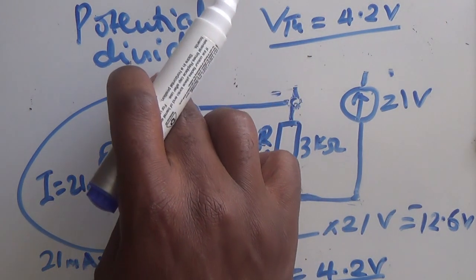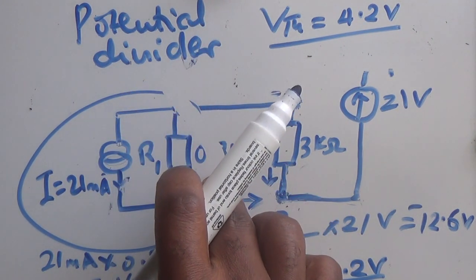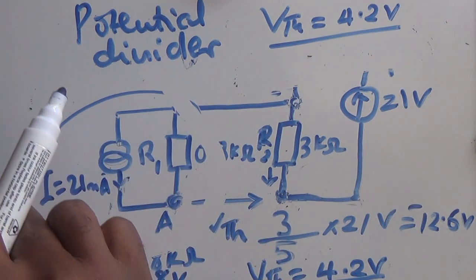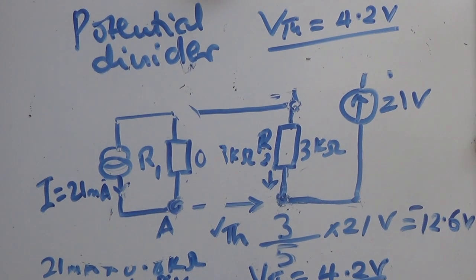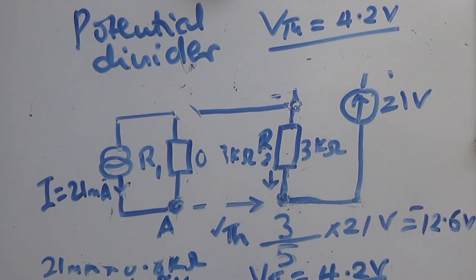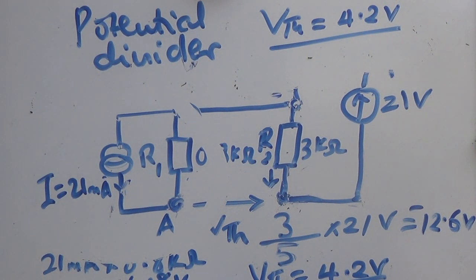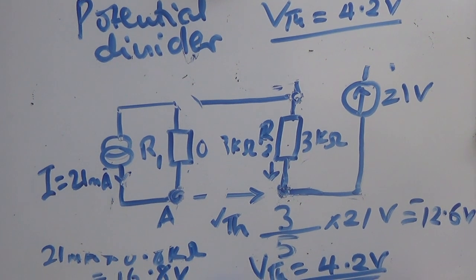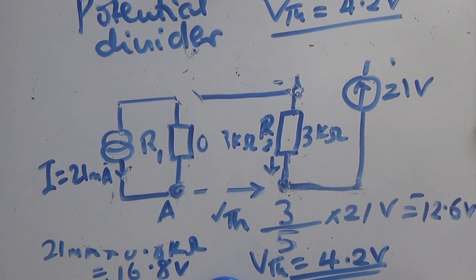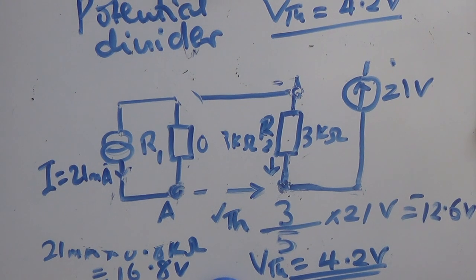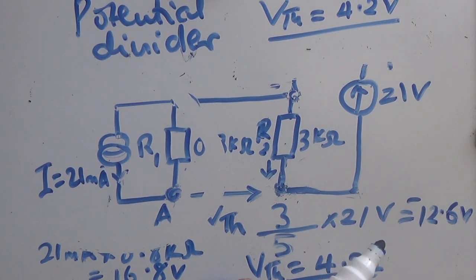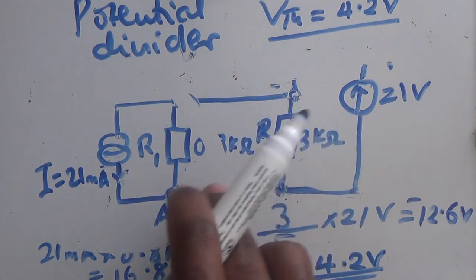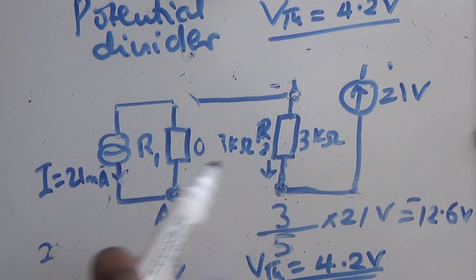So we still have our circuit here, and all we need to find out is the RTH. So we want to find out the resistance across this part.